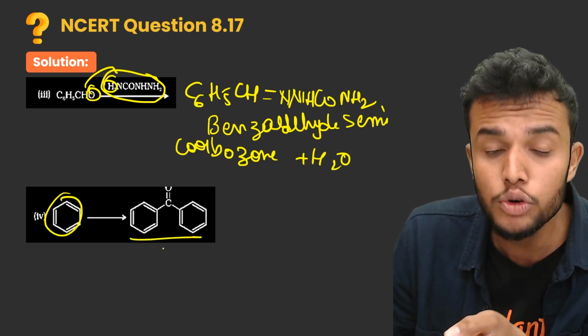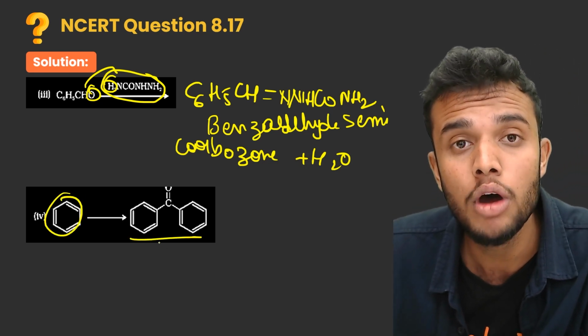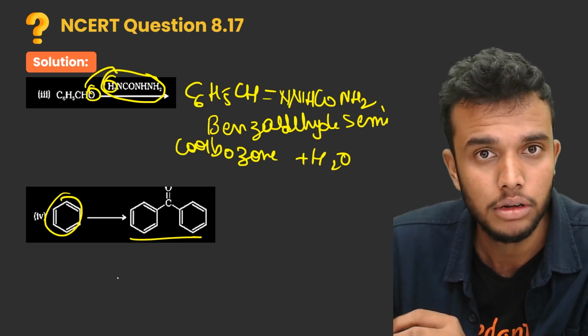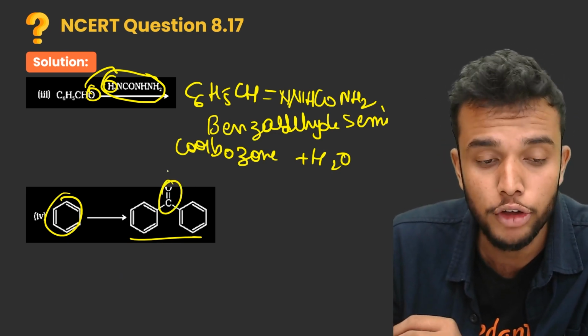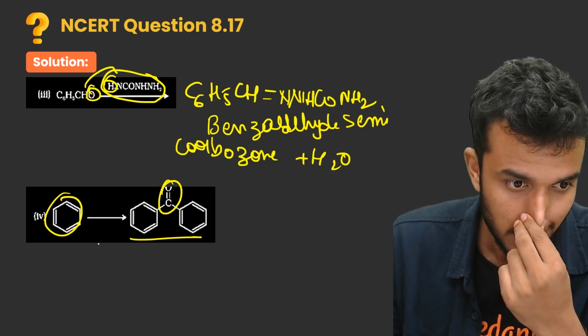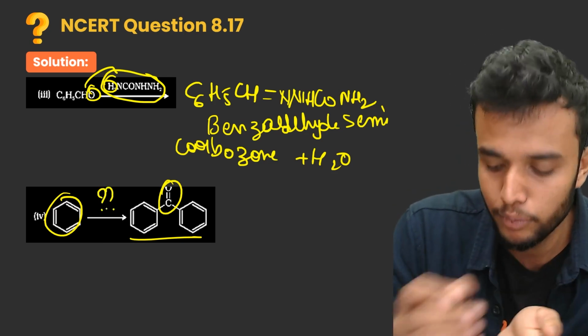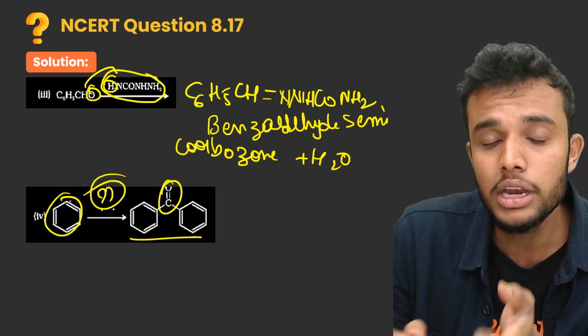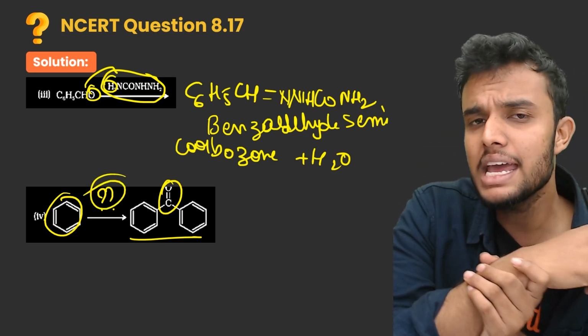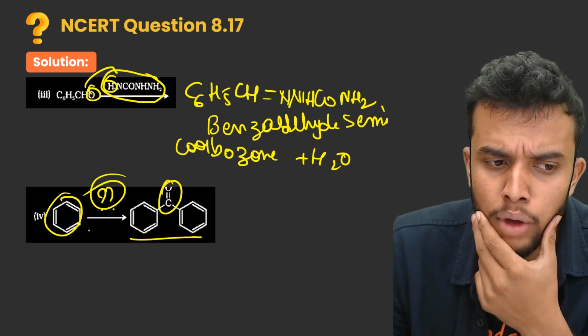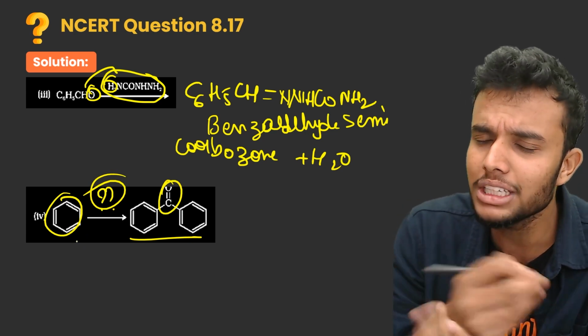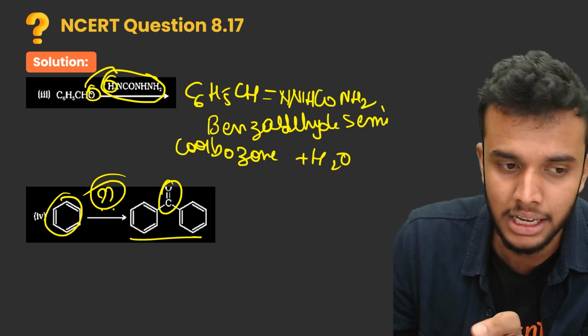Benzene is converted into benzophenone. Here the reagents are missing. We need to give specific reagents here, right, students? We already know Friedel-Crafts acylation.